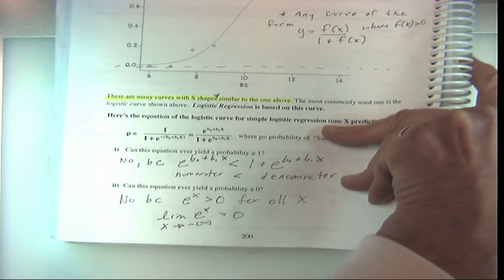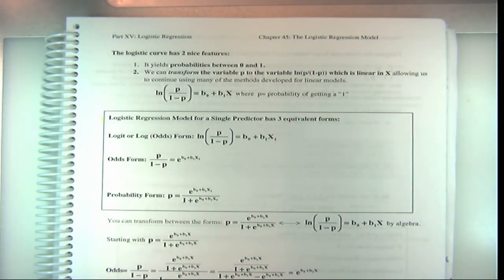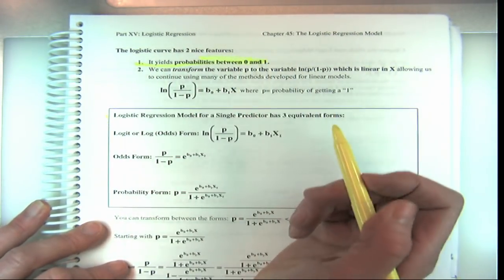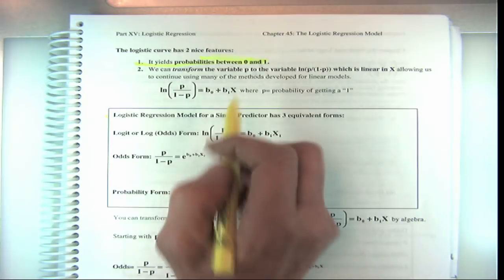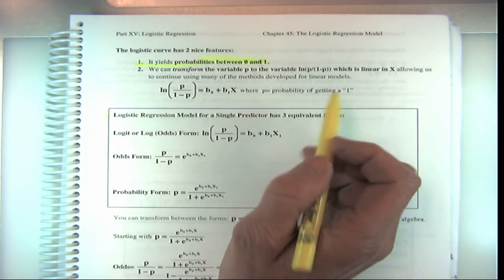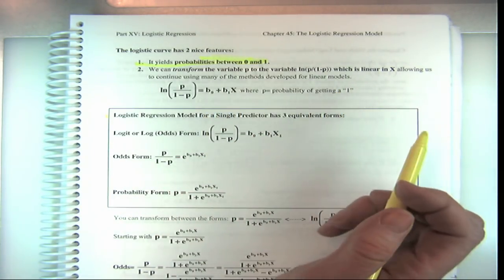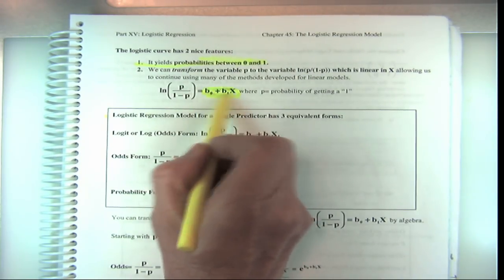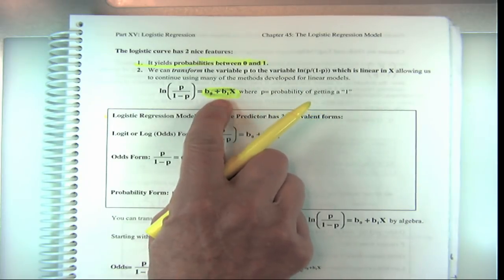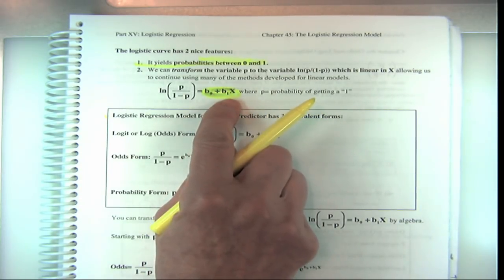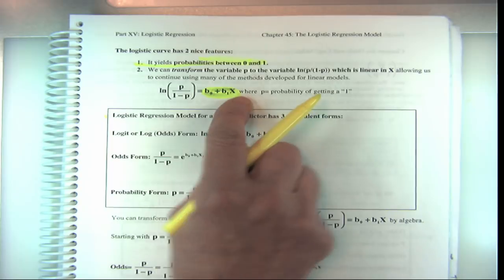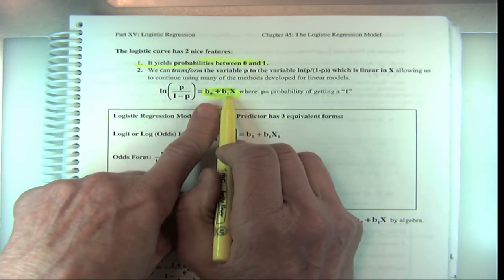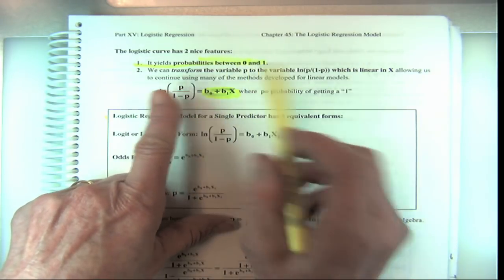All right, so it works, but it also has another really nice feature besides yielding probabilities between 0 and 1. The other nice feature is that you can transform it into a linear equation. You can transform it into our usual intercept plus a slope for 1x, and we could add multiple x's, by taking the log odds.